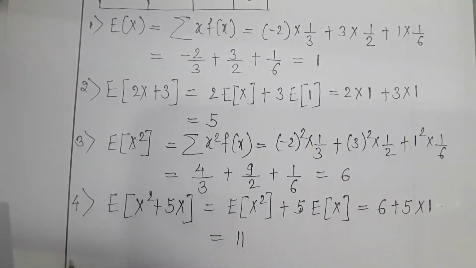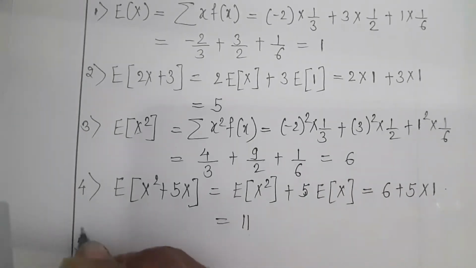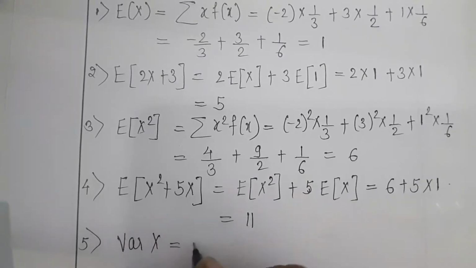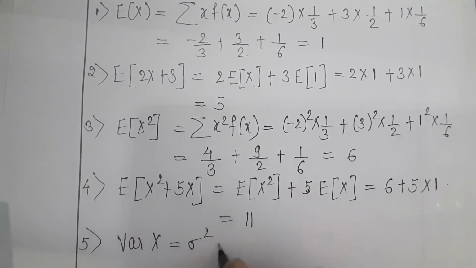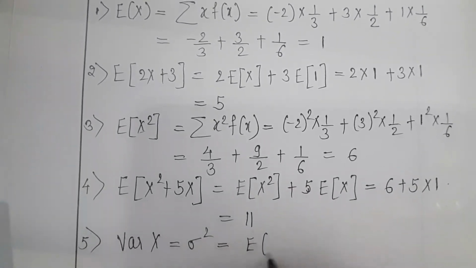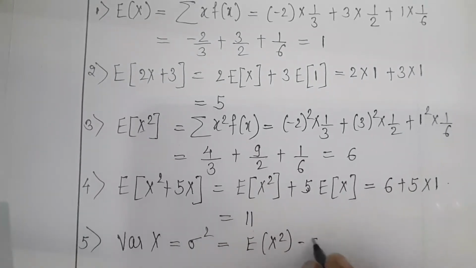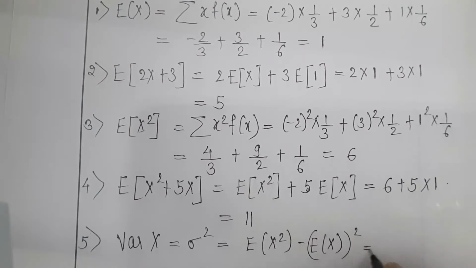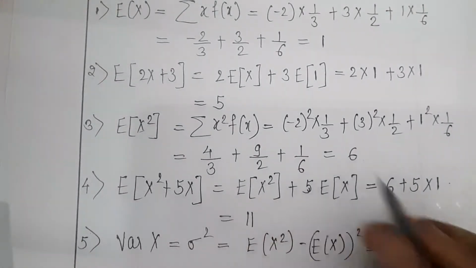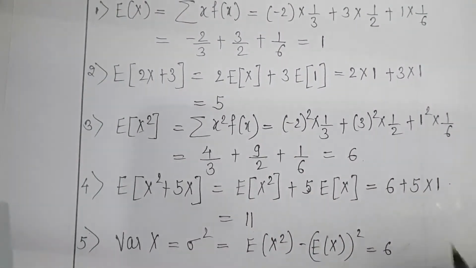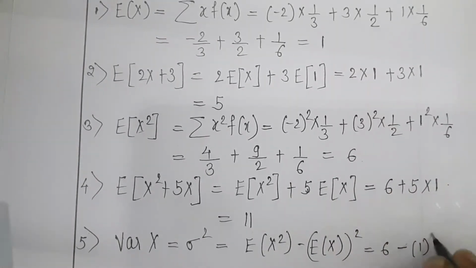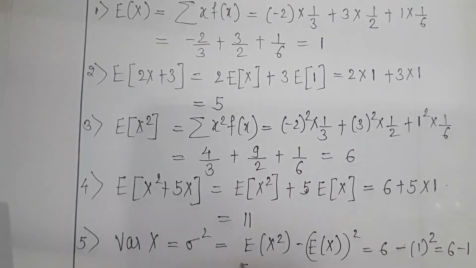Next, the fifth part, we want variance of x. Variance of x is equal to sigma square, and the formula is expectation of x square minus expectation of x whole square. So expectation of x square we obtained as 6, minus expectation of x is 1, so 1 square. 6 minus 1 is equal to 5.